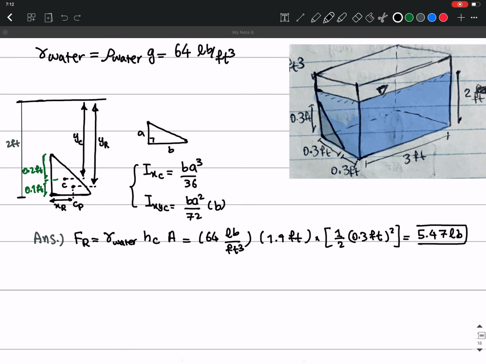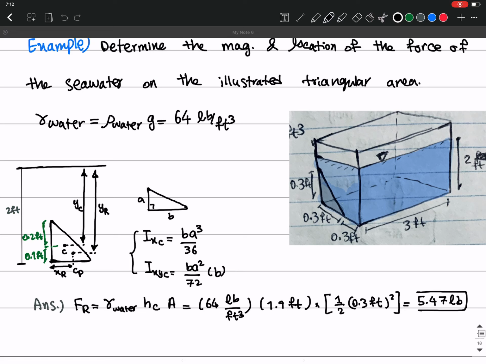Okay, so now we want to find the center of the pressure, or the location of this force, which I have shown, the resultant force, with this YR and XR here, right? So this is going to be where this force is going to be applied. So it's somewhere around here.